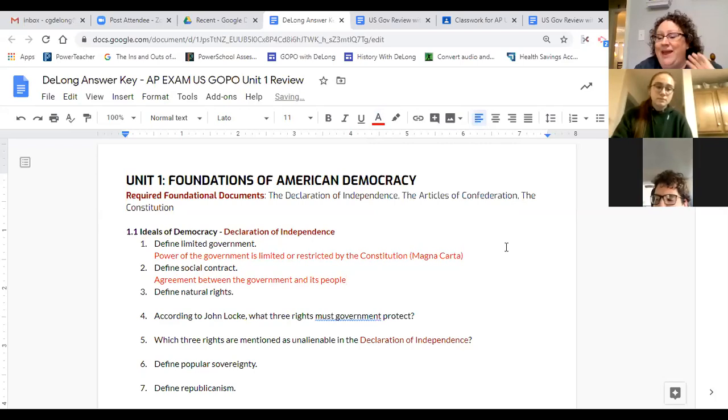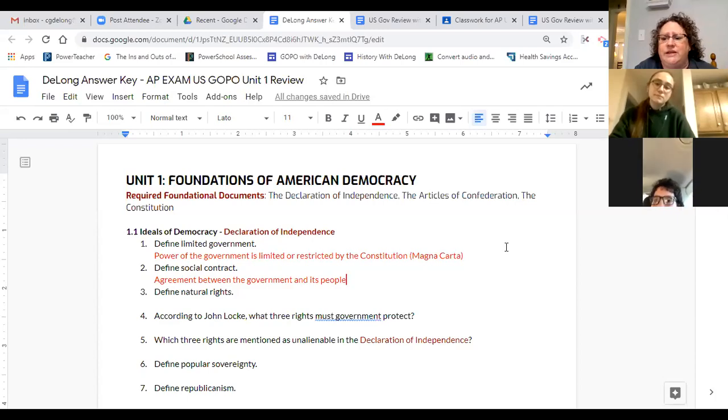So, and this is where we have the right to rebel when that social contract has been broken. And so these are concepts, of course, remember that John Locke had established during the Enlightenment period, and Jefferson would have been very familiar with these, and a lot of people would have been familiar with these. And at William and Mary, as Thomas reminded us so much yesterday, Jefferson went there, and his professor was a huge fan of the Enlightenment.